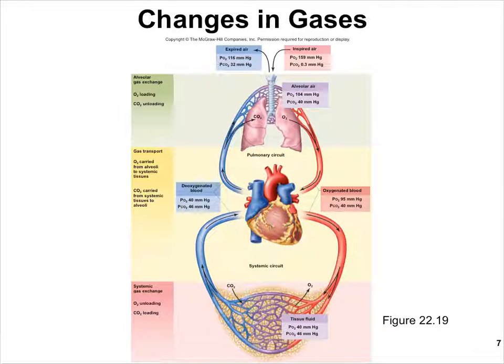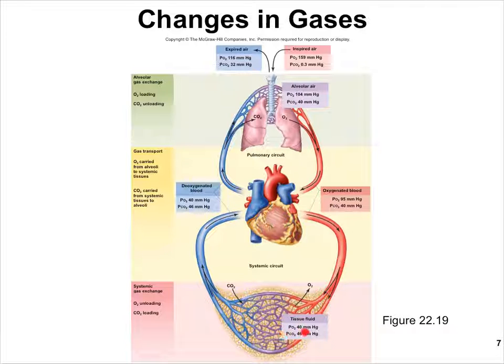So which direction is the oxygen going to go? It's going to go from this 95 to the 40. That's a liquid-to-liquid transfer, so we don't have to worry about the solubility aspects of it. It's just going to move down its pressure gradient, and that's what causes the oxygenated blood to drop off its oxygen. It's the difference in partial pressure between the oxygenated blood and the tissue.